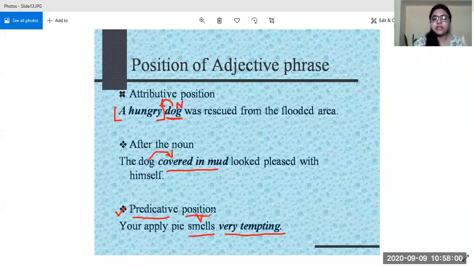So these are the three positions in which we can write an adjective phrase. When there is a big distance between the noun and the adjective phrase, the meaning changes. So we should try to write the adjective phrase very close to the noun.